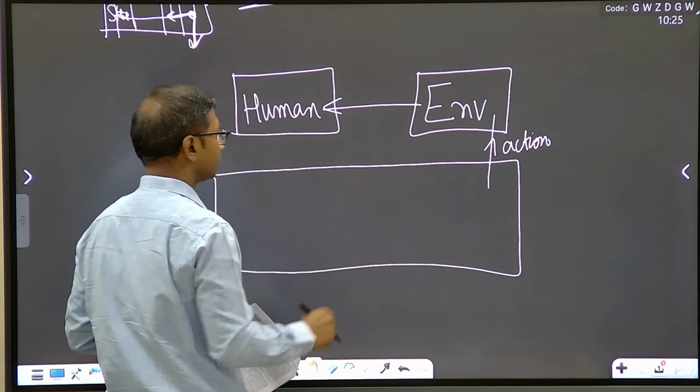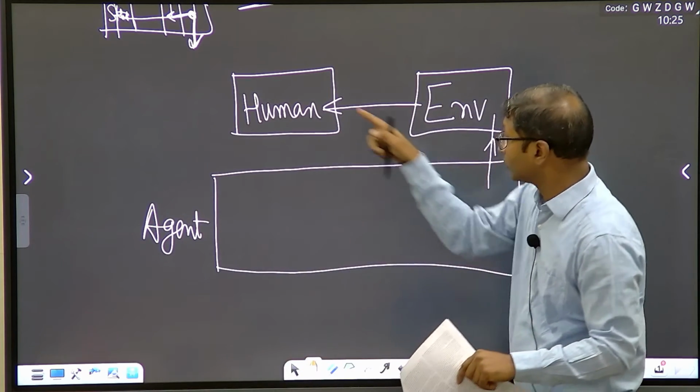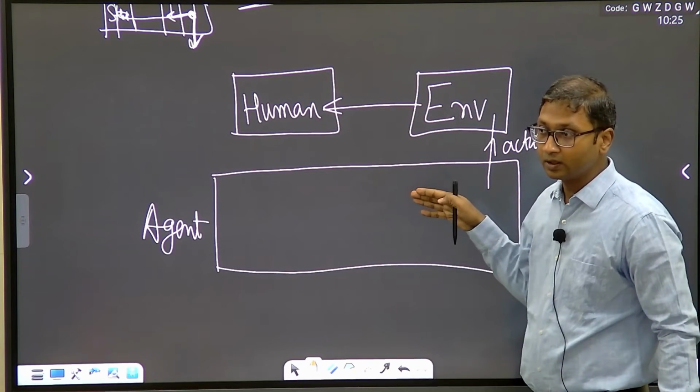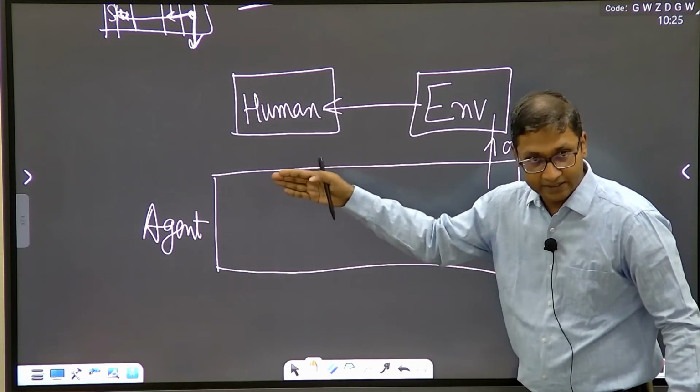Okay. So environment interacts with the human being. Environment is basically going to tell the human that this is the step my agent has taken.